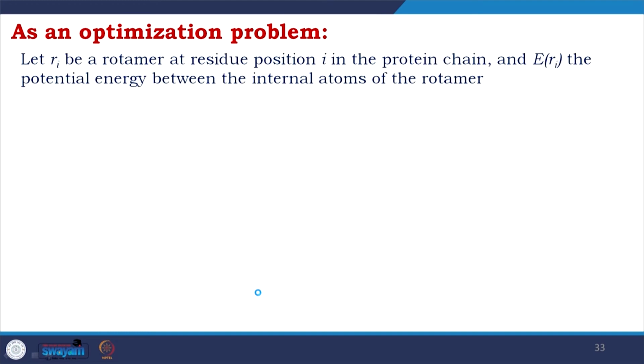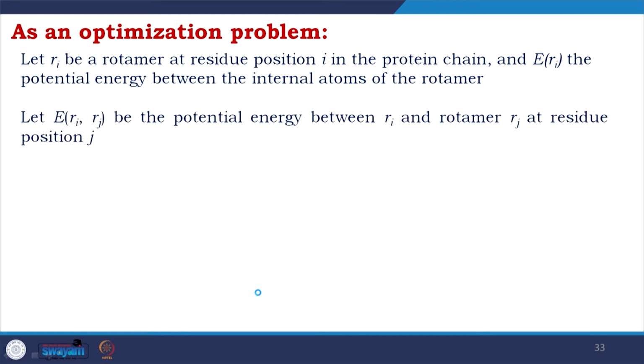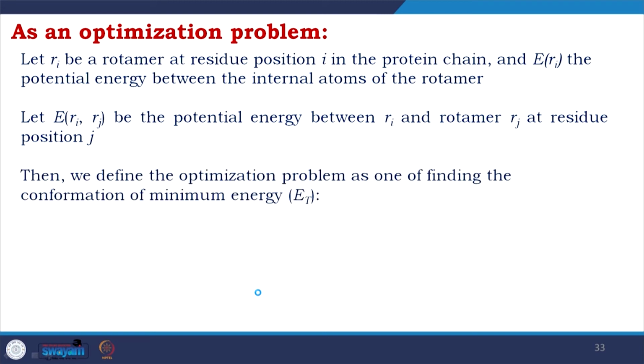If you consider Ri to be a rotamer at the residue position i in the protein chain, and E(Ri) the potential energy between the internal atoms of the rotamer, let E(Ri, Rj) be the potential energy between Ri and rotamer Rj at residue position j. Then you define the optimization problem as one of finding the conformation of minimum energy, Et equal to the summation of E(Ri) plus the summation over i not equal to j of E(Ri, Rj).